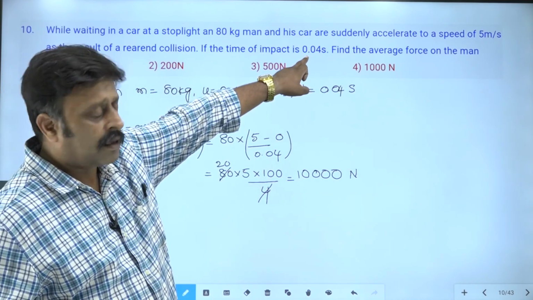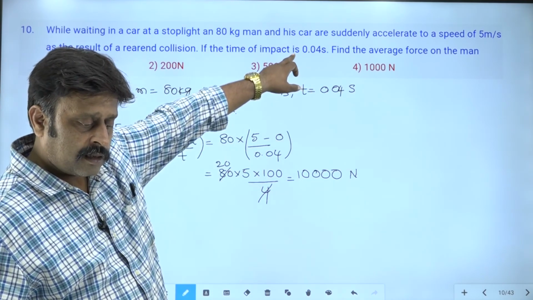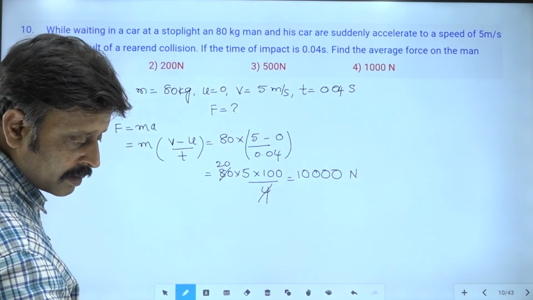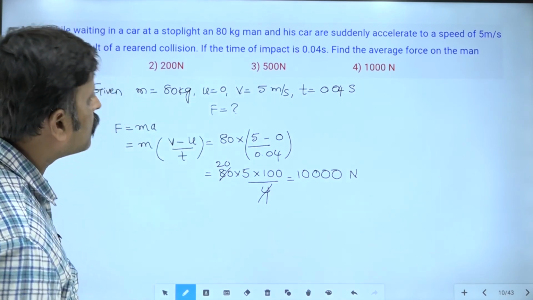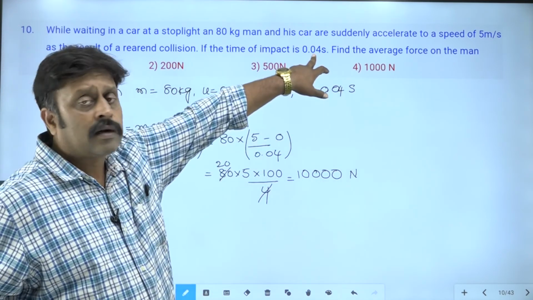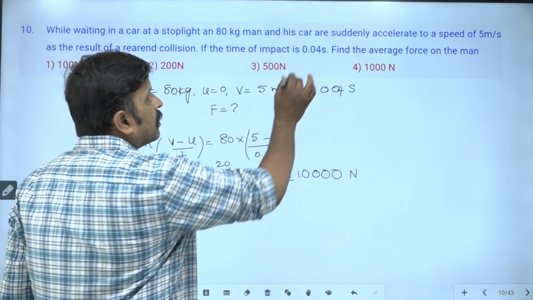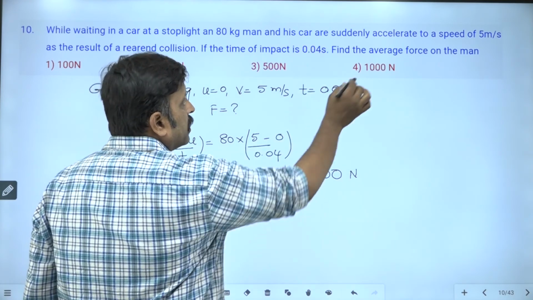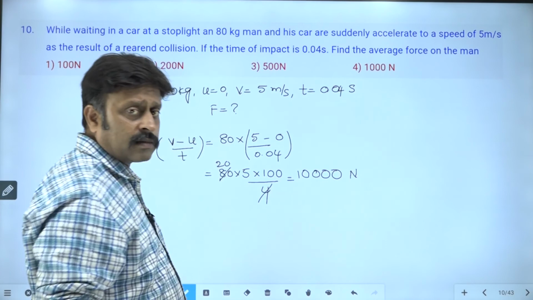Here the time is not 0.04. Its value is just 0.4, not 0.04. If it is 0.4, then this answer, the fourth option, you are getting.